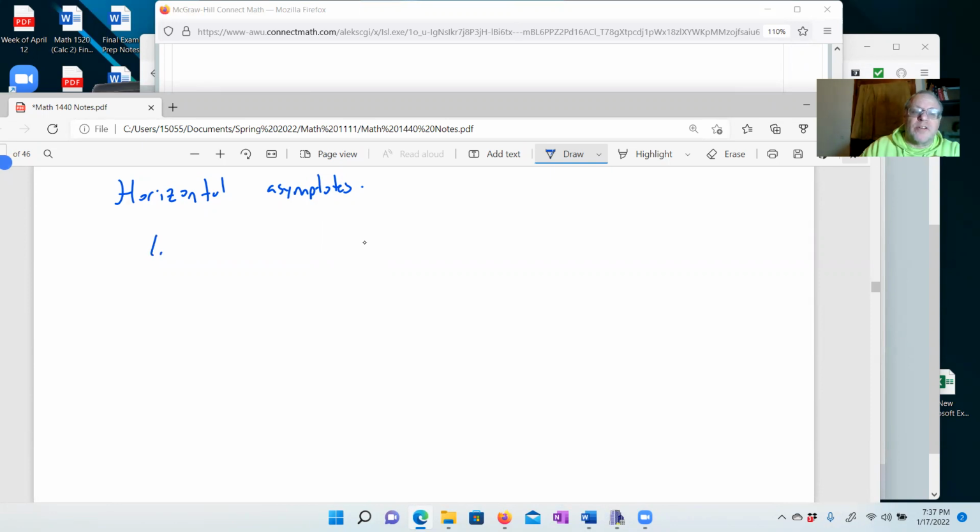Okay, so first condition. What if the degree of the numerator is less than the degree of the denominator?